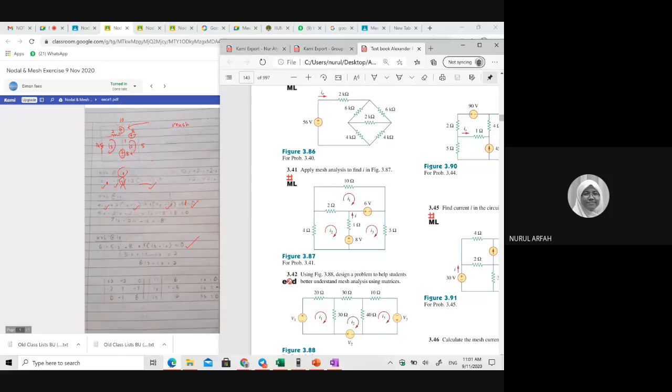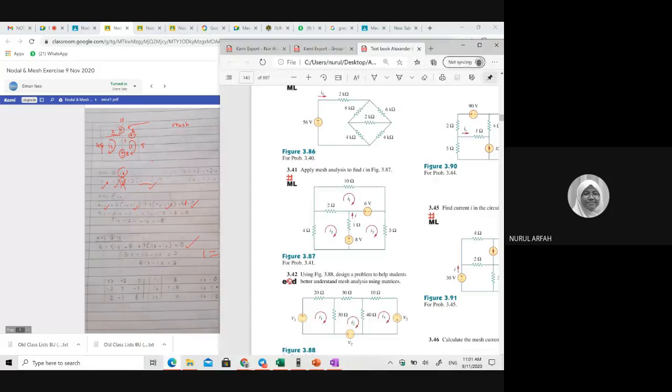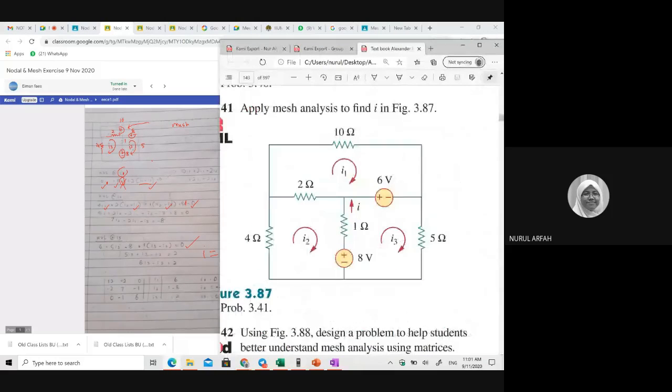The question asks you to find I, right? There's no I. So what is I equal to? I is at the middle here, flowing through the 1 ohm that is shared between I3 and I2. What is I equal to? Group 9, you didn't answer until the last. Oh, okay.